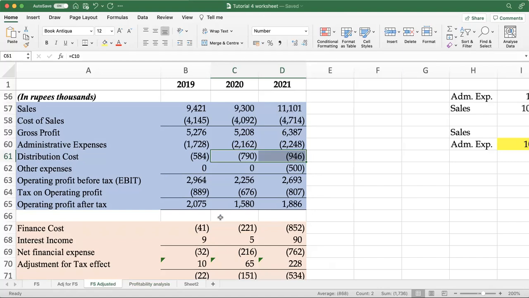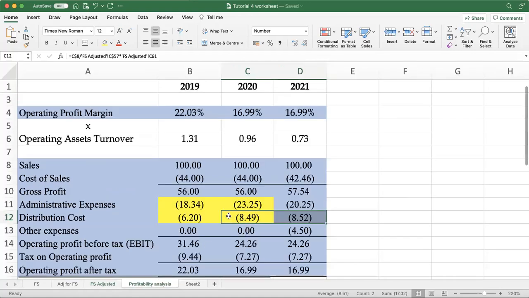But here we find distribution expenses as a percentage of sales, which is what this common size value is, has gone up. It has increased.